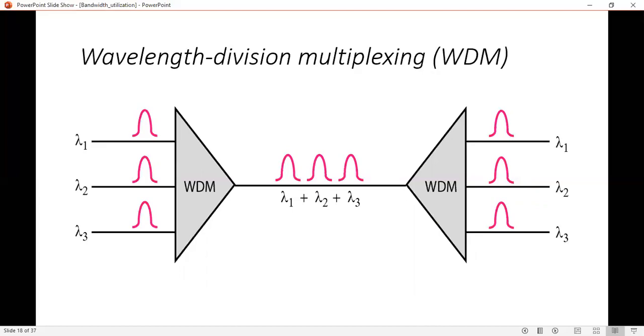That is 0.4 micrometer to 0.7 micrometer, the wavelength, and light passes through fiber optics. We have lambda 1, lambda 2, lambda 3 as shown in the diagram, which are combined, and we send these through the link.